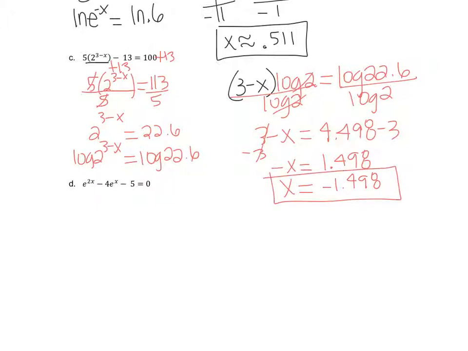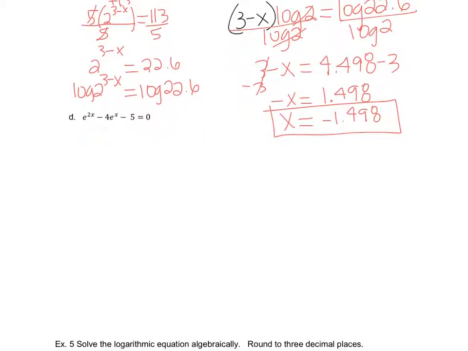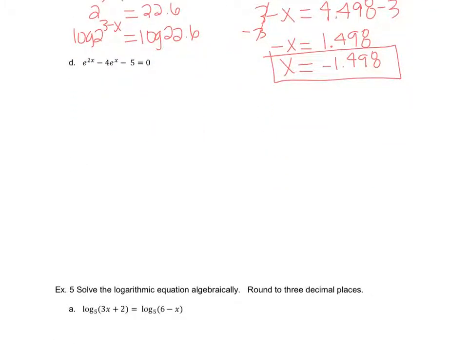Okay, on part D. If you look at that, you can tell it's kind of unique. This is going to be similar to when you factor a quadratic. So what I'm going to do is use some substitution so that it doesn't get confusing. I'm going to let e to the x be u.